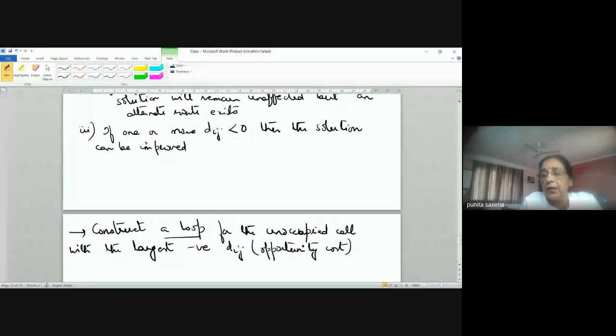Okay. Now, as I was saying, we start constructing a loop for the unoccupied cell with the largest negative Dij.